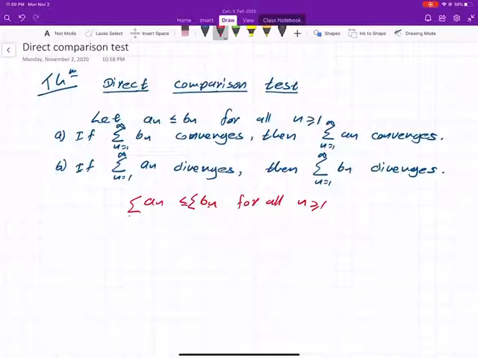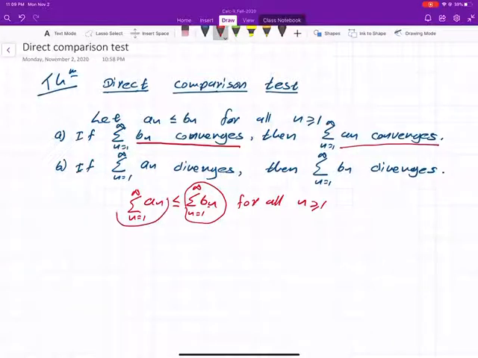So then what you have is sigma n goes from 1 to infinity of an, less than or equal to sigma n goes from 1 to infinity of bn. Now, part A says if bn converges, that means the bigger series converges. If the bigger series converges, the smaller series converges.